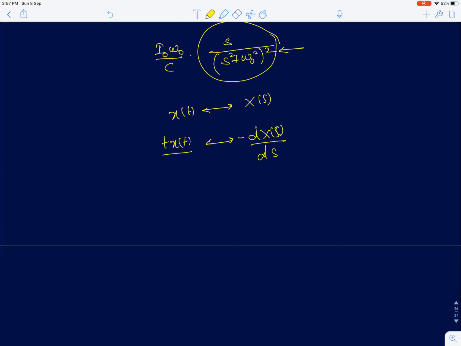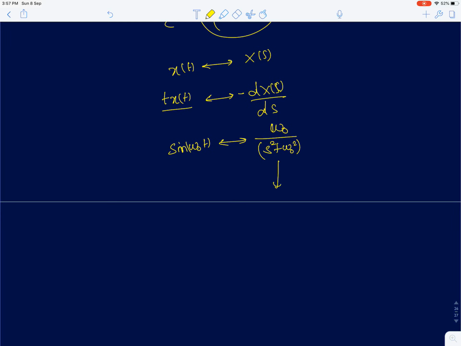So I'll take a sinusoid first. We know the Laplace transform of sin omega naught t is omega naught upon s square plus omega naught square. Now I'm going to differentiate this term, so I'd get minus 1 by s square plus omega naught square, the whole square, into 2s into omega naught.